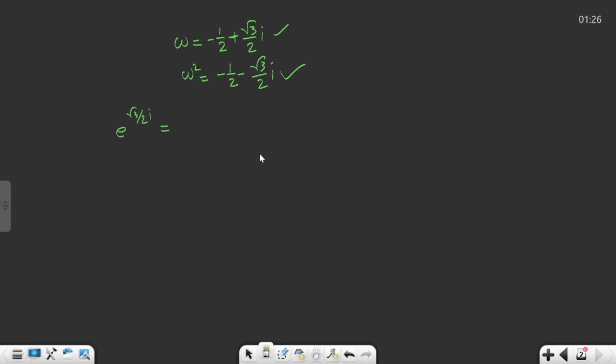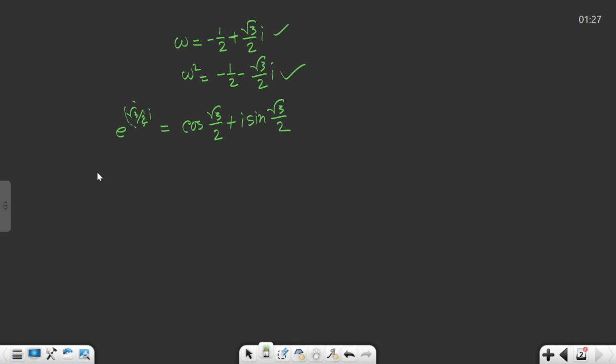Yeah, the argument is root 3 by 2. Can root 3 by 2 be an angle? Yeah, it can be. Okay, it can be an angle in radians. All real numbers are radians, you know that. So there should be no problem. So you can write this as cos root 3 by 2 plus i sine root 3 by 2.